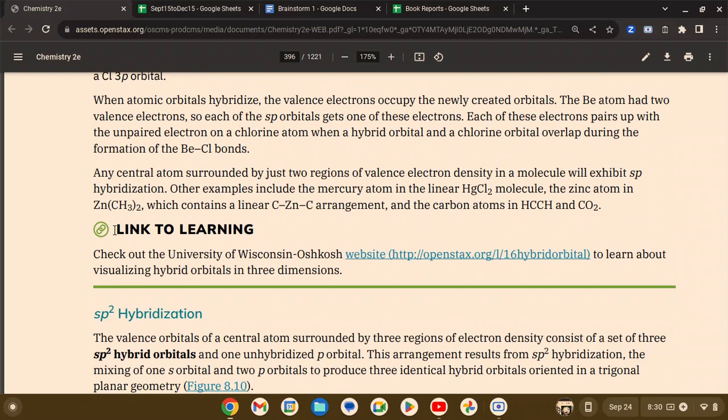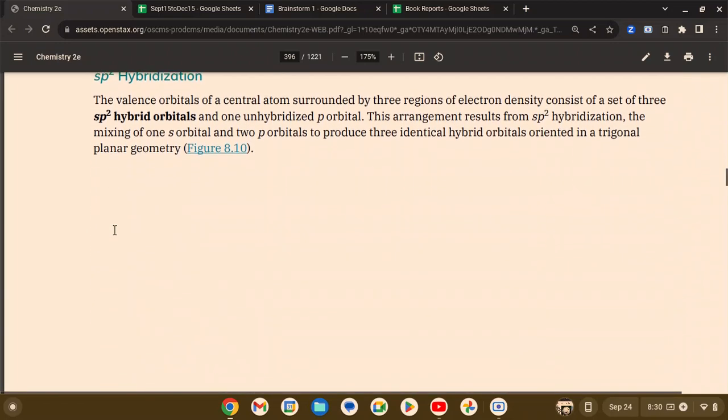Any central atom surrounded by just two regions of valence electron density in a molecule will exhibit sp hybridization. Other examples include the mercury atom in the linear HgCl2 molecule, the zinc atom in Zn(CH3)2, which contains a linear C-Zn-C arrangement, and the carbon atoms in HCCH and CO2.